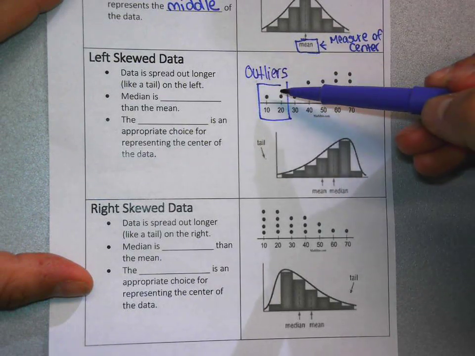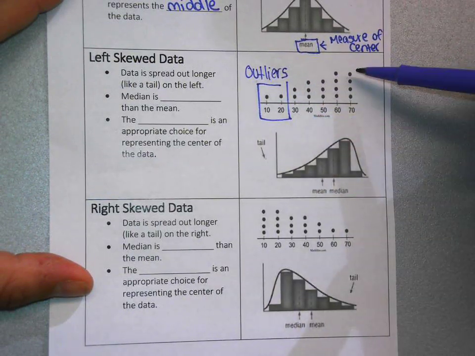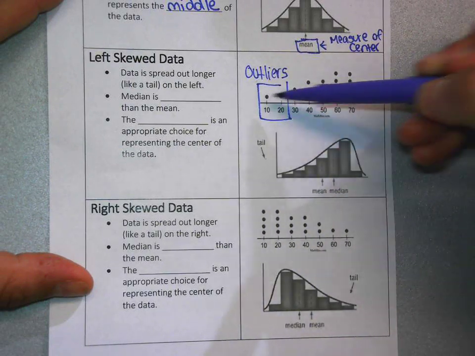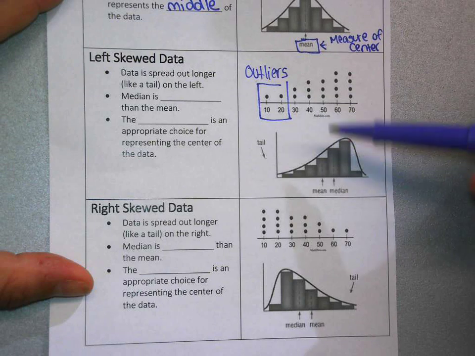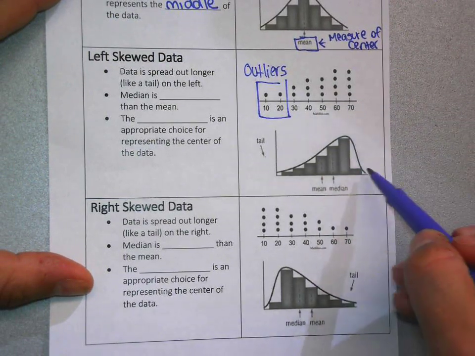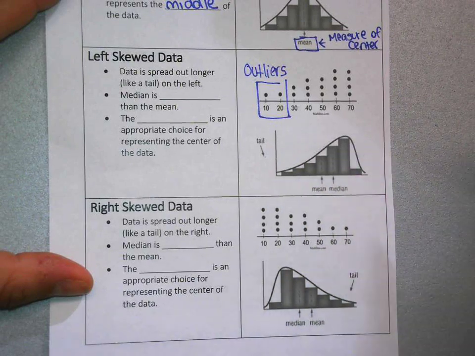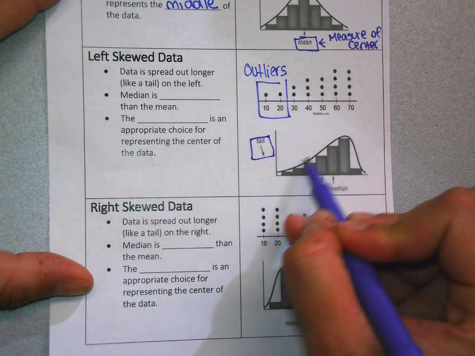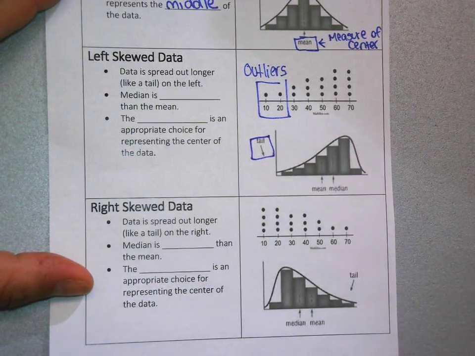Outliers are things that don't make sense with the majority of the data. So the majority of the data is here, and then we have these two outliers pulling our data down. You'll see down below that the dot plot is now represented as a histogram, and I've drawn a line over it. We call this end the tail, so it kind of looks like there's been a tail attached to the graph.